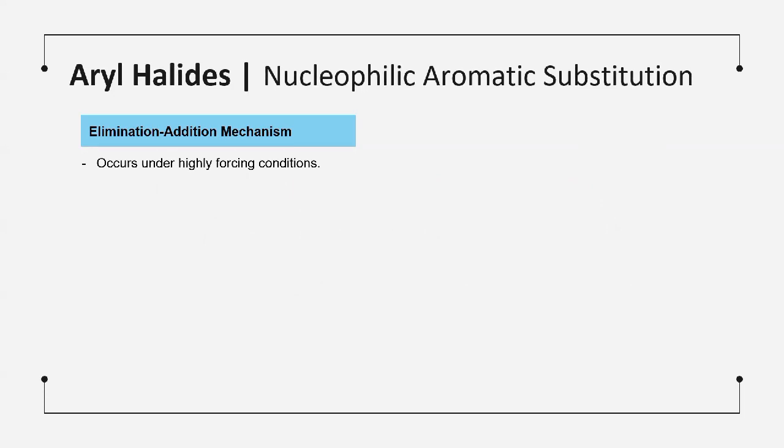It's either by very high temperatures or in the presence of a very powerful base, usually liquid ammonia. This also involves the formation of a highly unstable intermediate, which is a benzyne or dehydrobenzene.